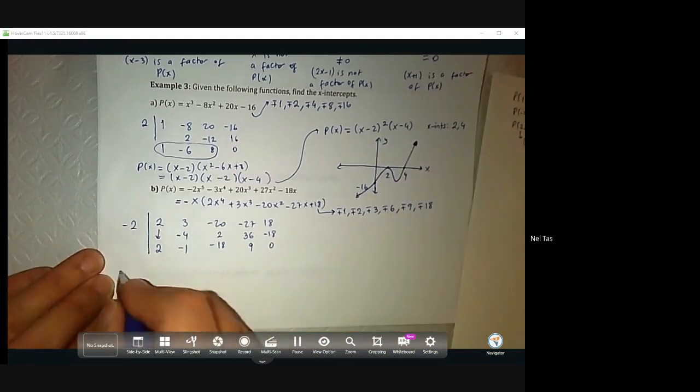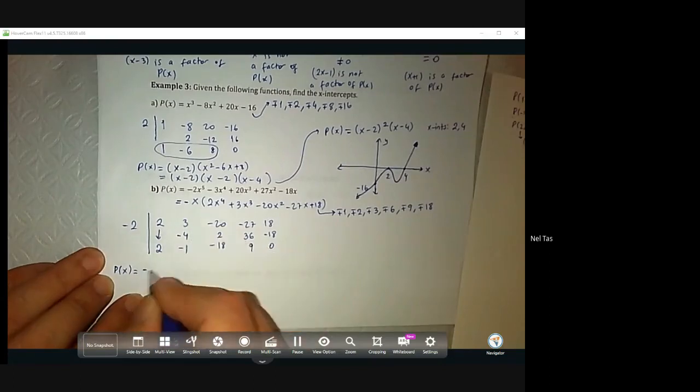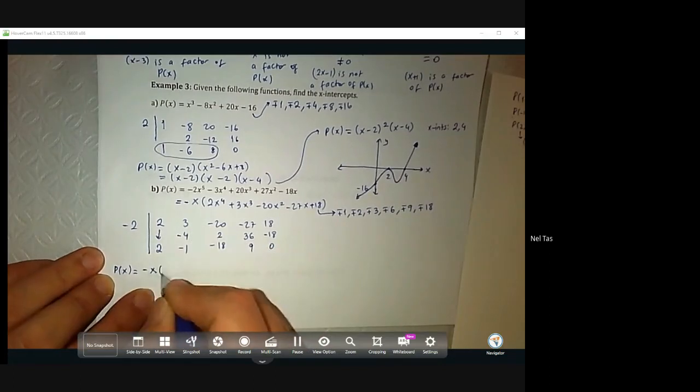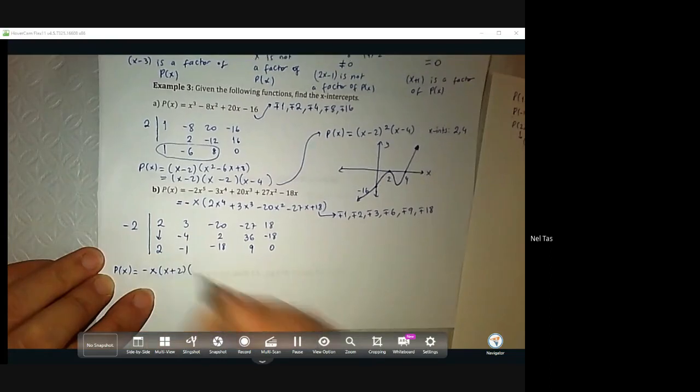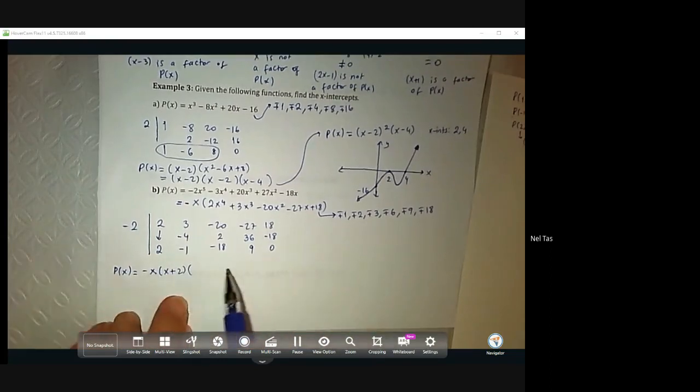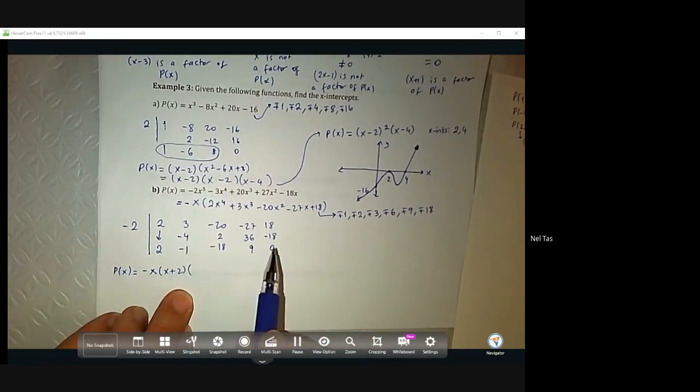So far that's what we have. For p of x, we had negative x, and now we have x plus 2 as a factor. Now we're going to write the rest of it. This is the remainder. This is the coefficient for x to the power of 0, this for x to the power of 1, x to the power of 2, x to the power of 3.